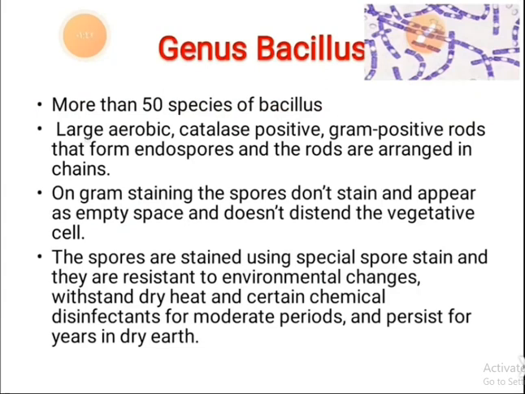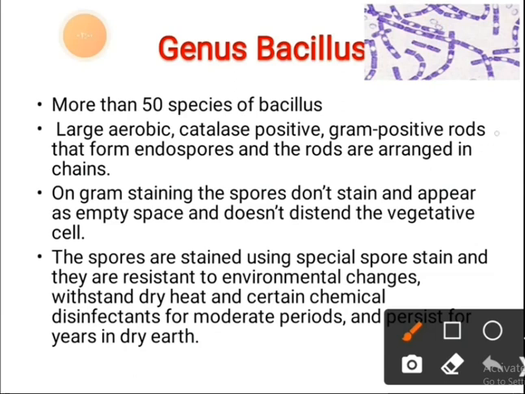They are among the largest gram-positive bacilli. They are catalase-positive gram-positive rods that form endospores, and the rods are arranged in chains. The endospores are present inside the bacillus and do not bulge the mother cell.